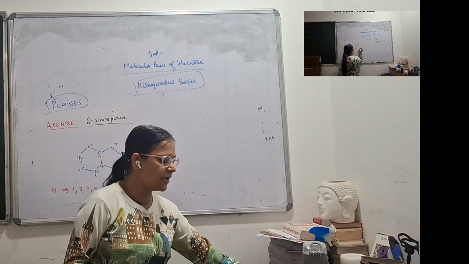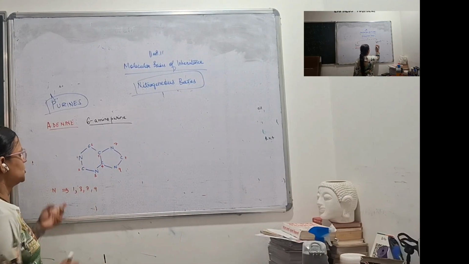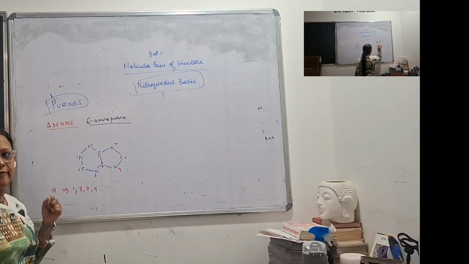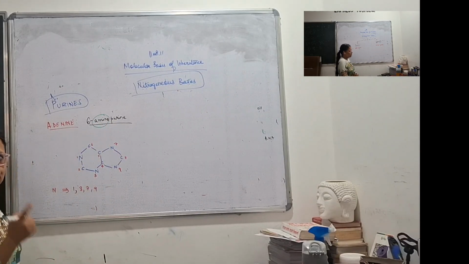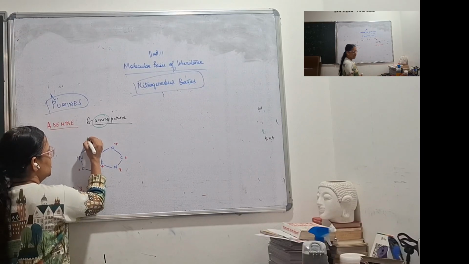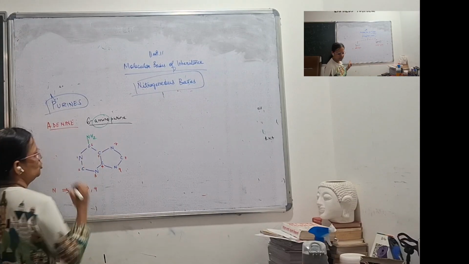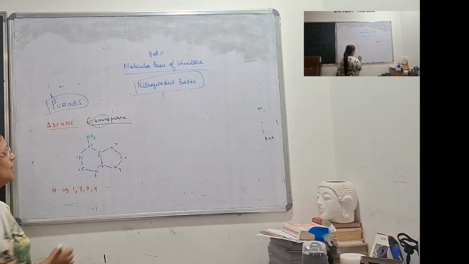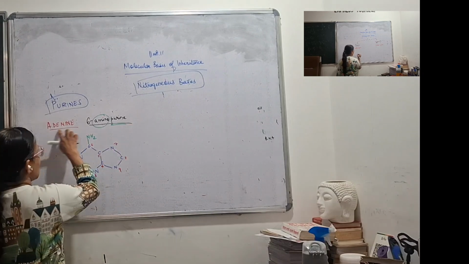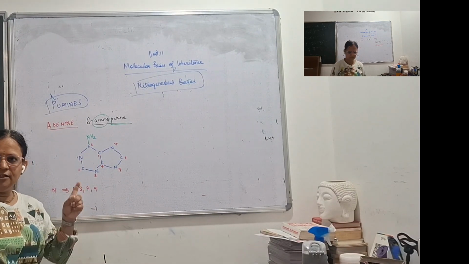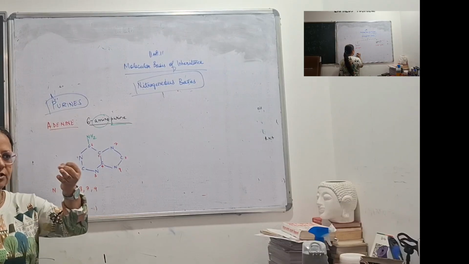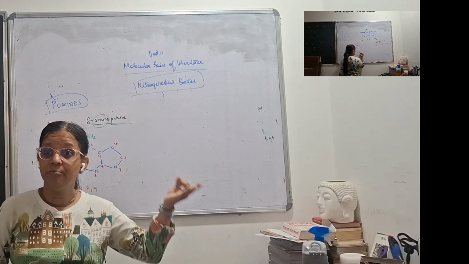Now 6-amino meaning what? At position number 6 you are having an amino group. What is the functional group? Amino. So I will put NH2 over here. And why am I saying purine? Because adenine and guanine are purines. Isn't it? Adenine, guanine are purines. Cytosine, thymine, uracil are pyrimidines.